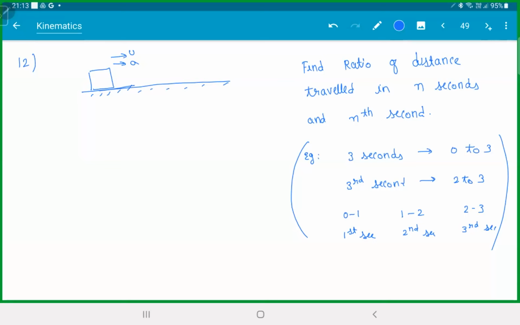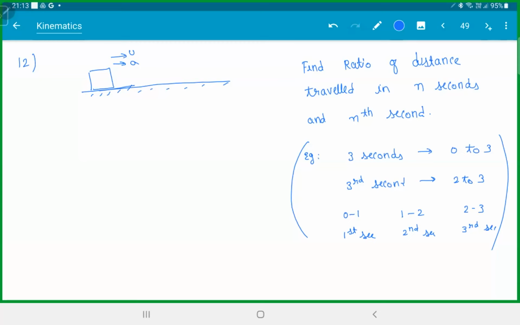We have 2 answers. Try others. You got a minute. And I hope everyone got the meaning of n seconds and nth second. Both are not the same.